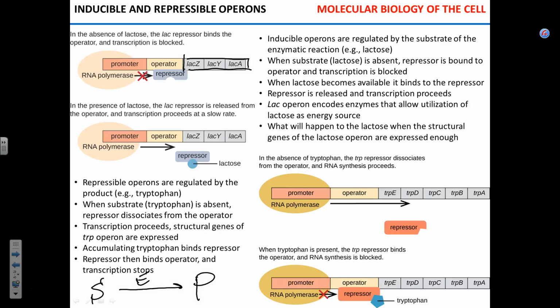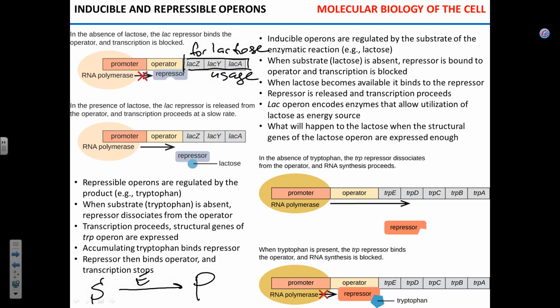That statement, is it clear? Structural genes in the lactose operon encode for enzymes that bacteria need to use lactose. Okay?